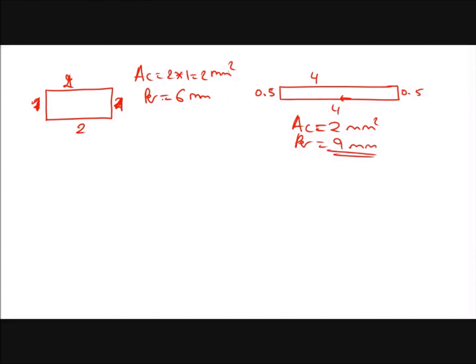You can see the perimeter increased but the area is constant, therefore epsilon increased. What we have done is decrease the thickness, so thickness dropped, but the width has increased. This is one method to increase epsilon.